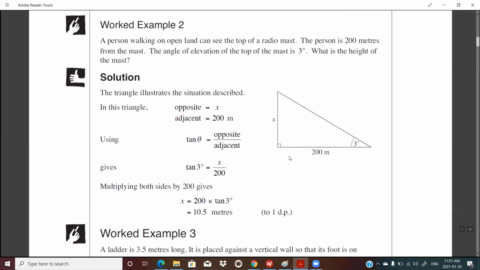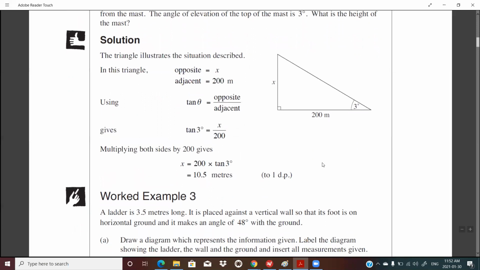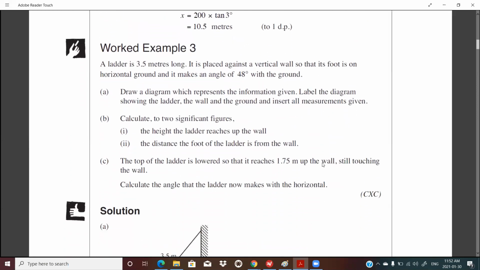So from where they're looking to the actual radiant mass is 200 meters, and then we are asked, and they tell you the angle of elevation, and you're asked to find the height. So you relate the height to the adjacent, another time again, and you solve for the length. So this time you're solving for the length. So that's why it mixed.